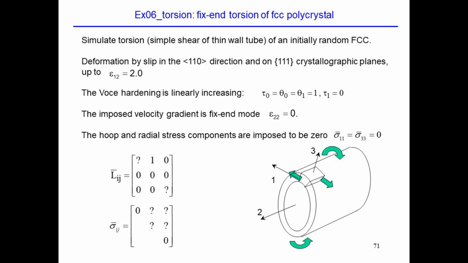So here the two problems that you are going to find in the examples are, first, when you say that in the direction 2 there is no displacement, L is 0, that is a fixed end, but I don't know what is going to happen in direction 1 and direction 3. So the tube can become thinner or thicker, and if it does, it will also expand in the tangent direction in order to preserve the volume.